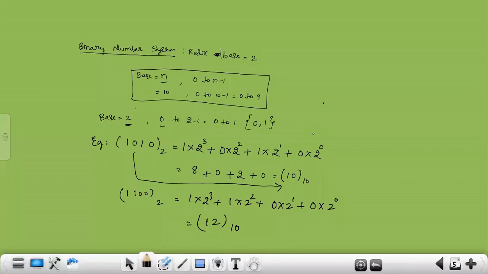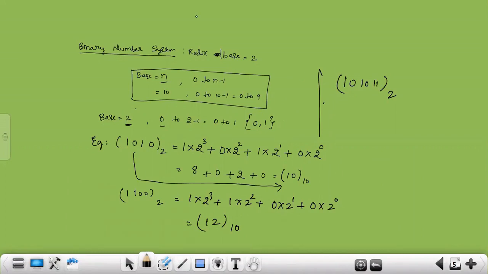Okay. So can you try this particular example: 1 0 1 0 1 1 with base 2. You can update the answers through the chat window.